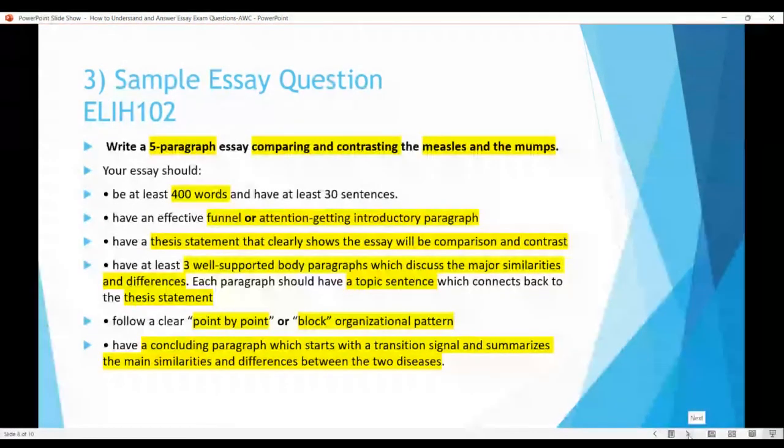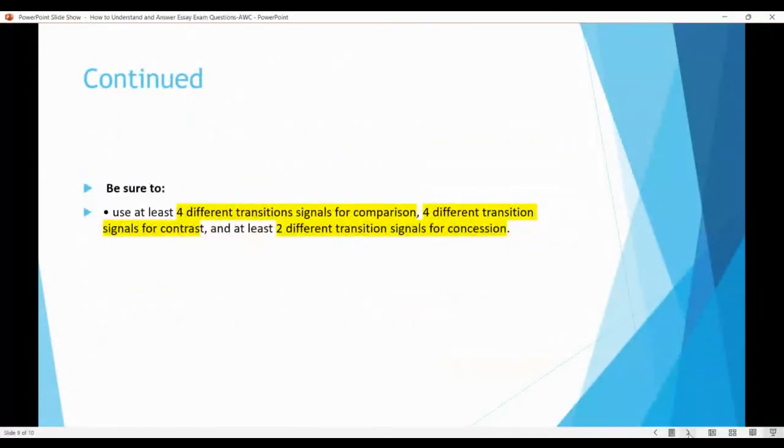Do you have any more samples? Something related to the sample that we have just done together. Be sure to use at least 4 different transition signals.